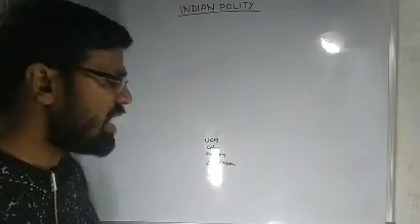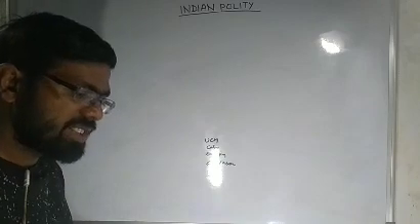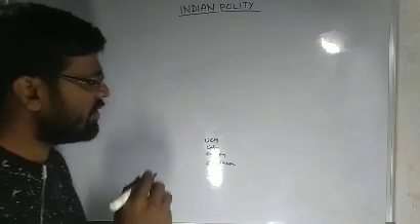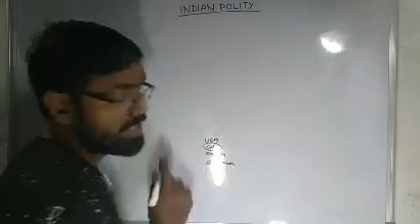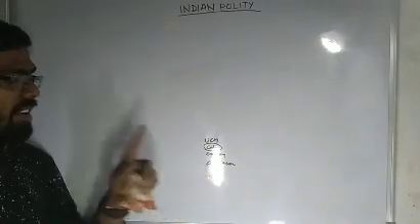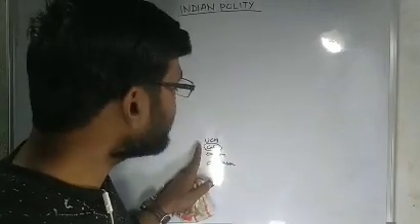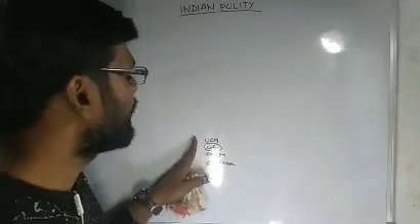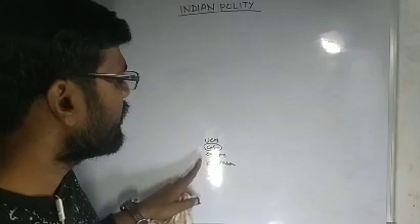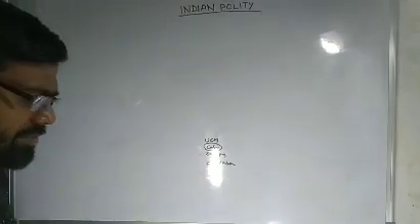Granting of pardon under Article 72 is exercised by the President on the advice of only the cabinet. If you see Lakshmikant's book, it is clearly mentioned: only the aid and advice of the cabinet, not the Union Council of Ministers, not the PM, not all, only the cabinet ministers.